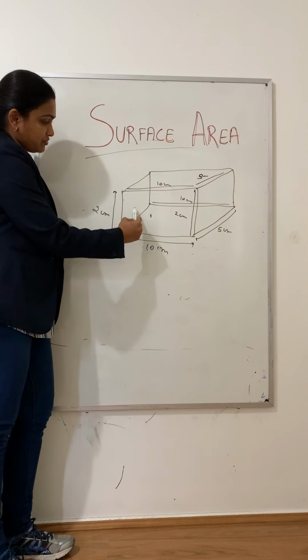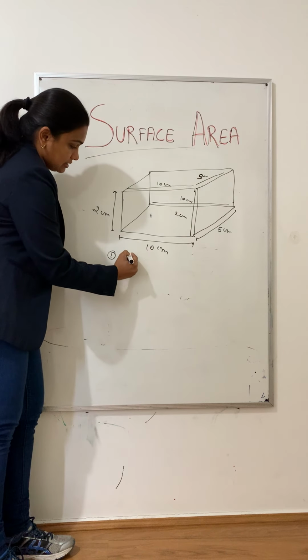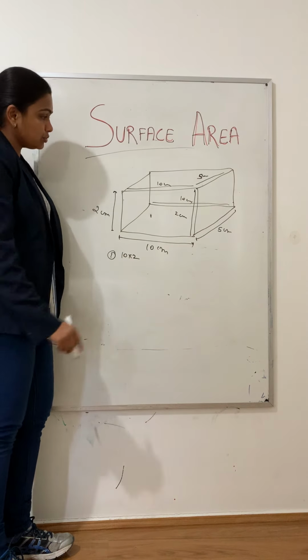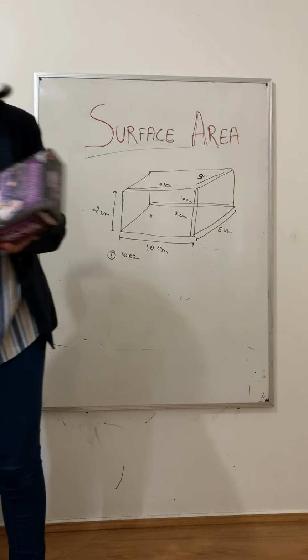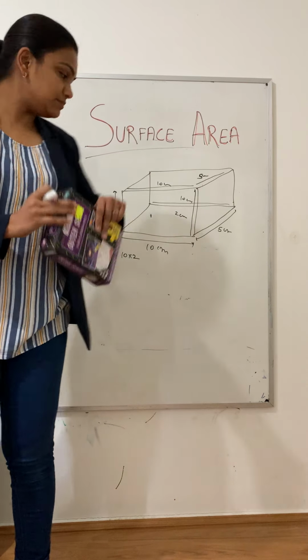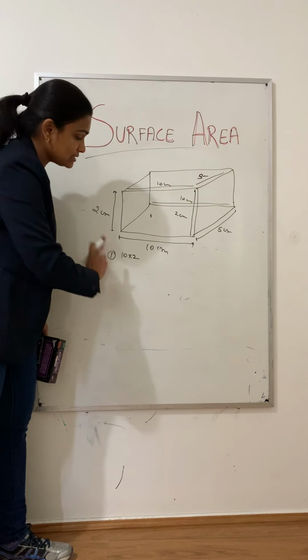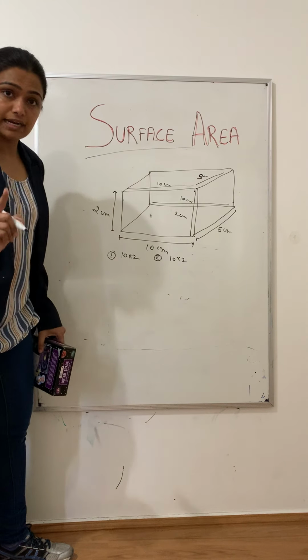So let's see first this face. 10 times 2, area of first, 10 times 2, area of the back side. As I said, if this is 10 times 2, this will also be 10 times 2. So area of face 1 is 10 times 2, area of second face is also 10 times 2.